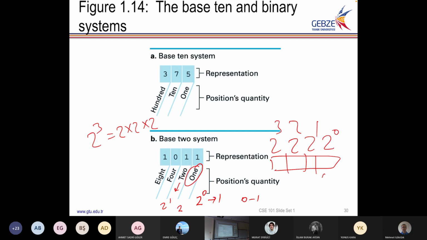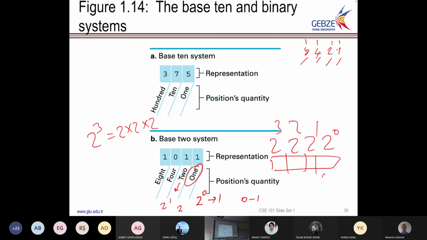For example, there is either 8 or nothing. There is either 4 or nothing. There is either 2 or nothing. There is either 1 or nothing. So if there is, we say there is 1. If there is no, 0.